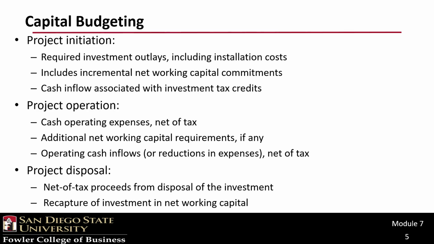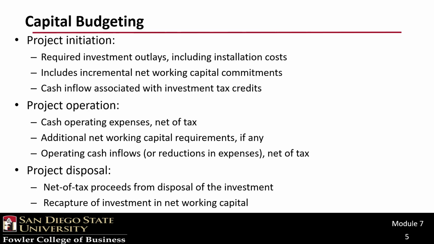So when it comes to capital budgeting, there's really three segments of the budget you need to consider. The first is what's going to happen at the beginning of the project. What is the investment outlay that includes installation costs? Are there any working capital commitments that are going to need to be made as a function of this new project?